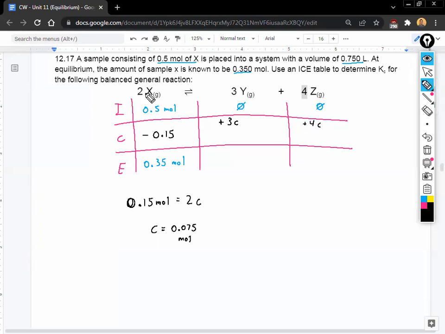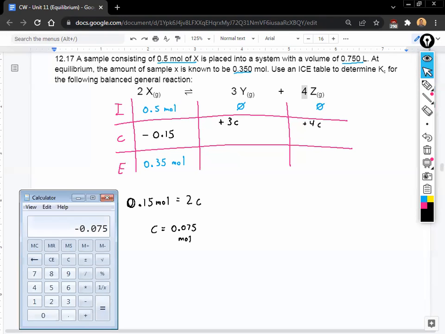Again, this reaction is telling us every time I lose 2 moles of X, I'm going to get 3 moles of Y and 4 moles of Z. So basically, C just represents 1 unit of measurement as we go into the equation. Okay, so all we need to do is multiply C, which is 0.075, by the coefficient.